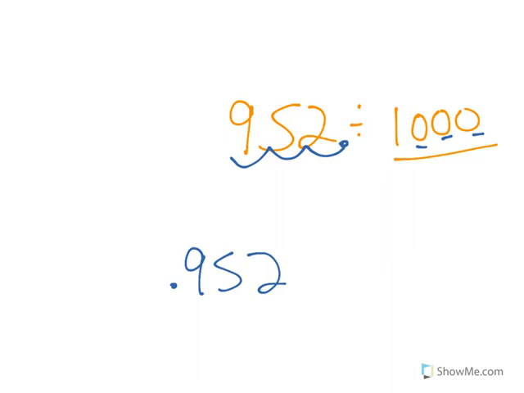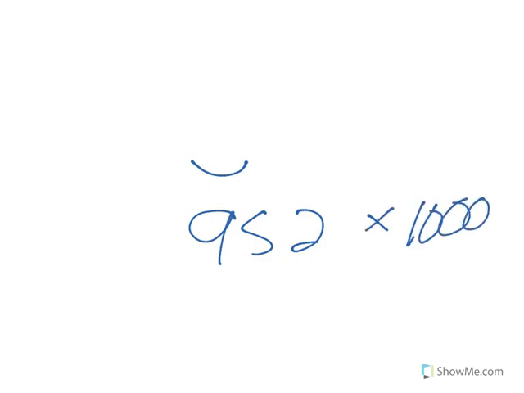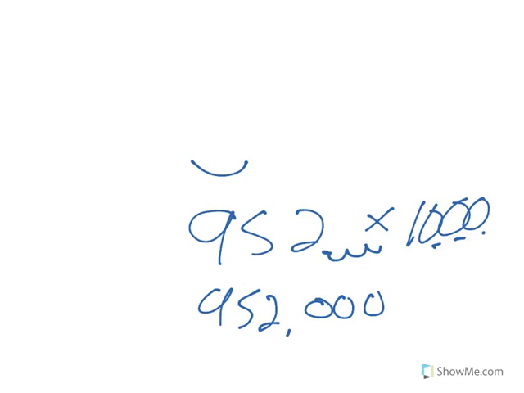So that's a tip that's going to save you a lot of time on your math in general. Whenever you see a power of 10, all you need to do is move the decimal. So if you have 952 times 1,000, all we have to do is move that decimal 1, 2, 3 places. So we get 952,000.